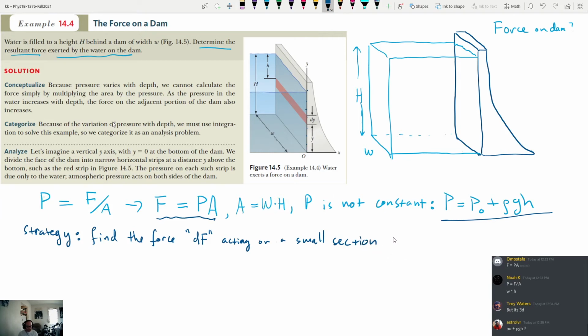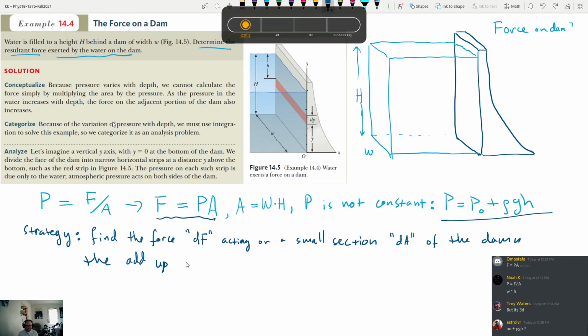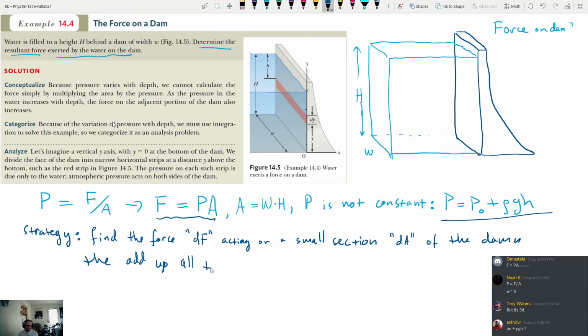We're going to call the section dA of the dam. And then we're going to add up all the dFs.